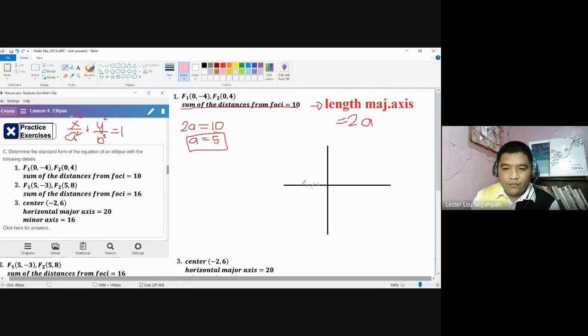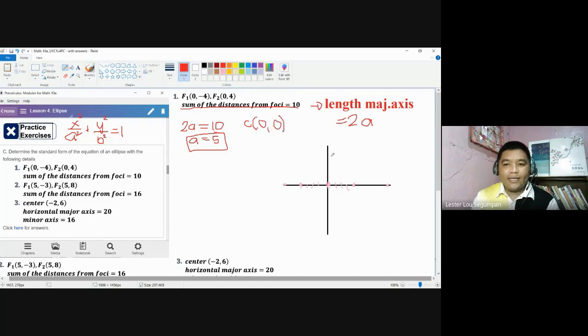These two foci lie on the same axis as the vertices and the center. The vertices will be somewhere here and here, but the center is here. The center is at (0, 0).